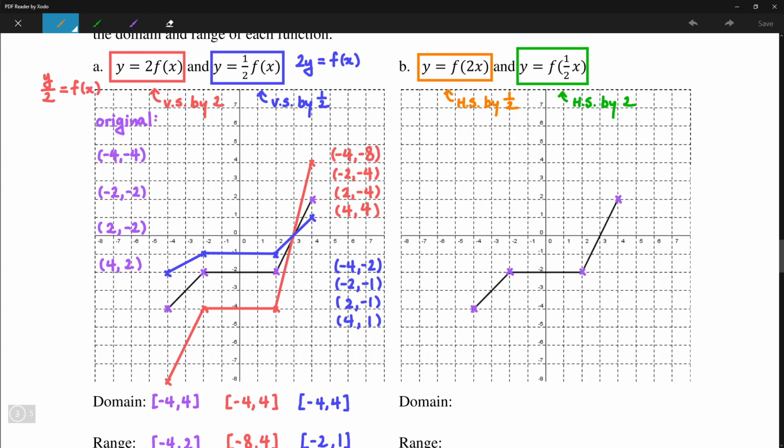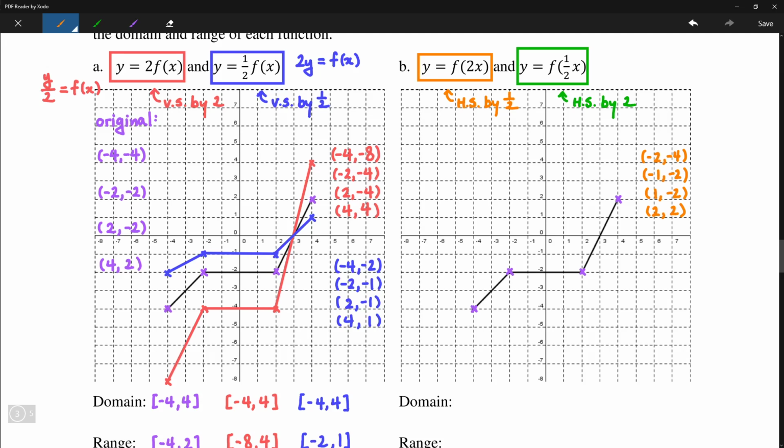So horizontal stretch by 1/2 means the x values are halved. So instead of -4, -4, we'll have -2, -4. Follow that up with -1, -2, and then 1, -2, and finally 2, 2.